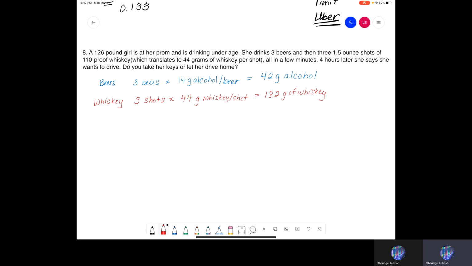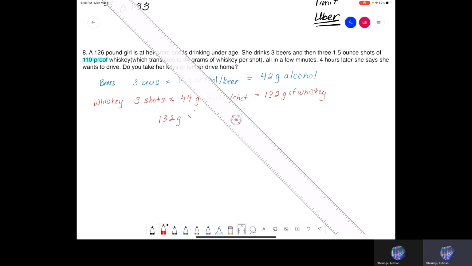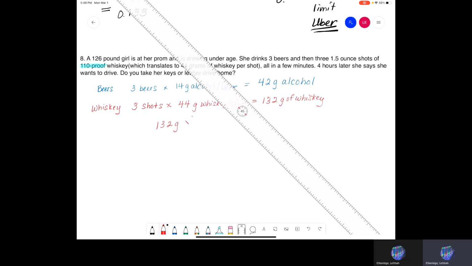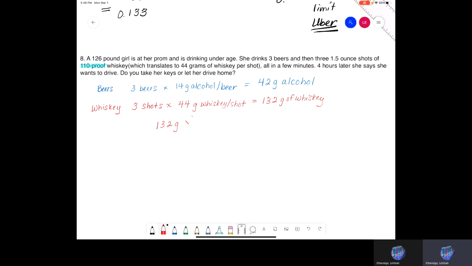Now, big key. In the problem, it says that the whiskey is 110 proof. That means that 55% of the 132 grams of whiskey was alcohol. So you need to take your 132 grams and multiply by 0.55.